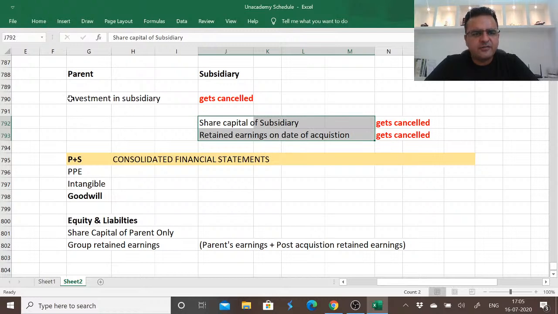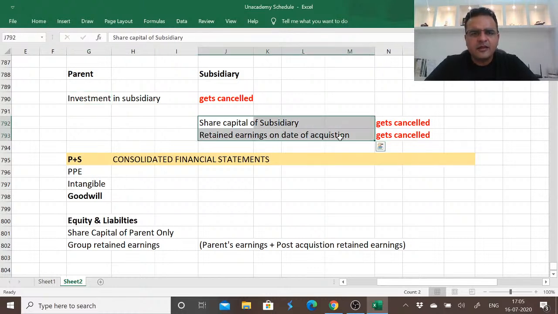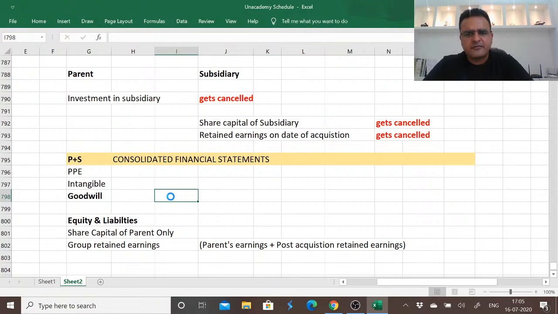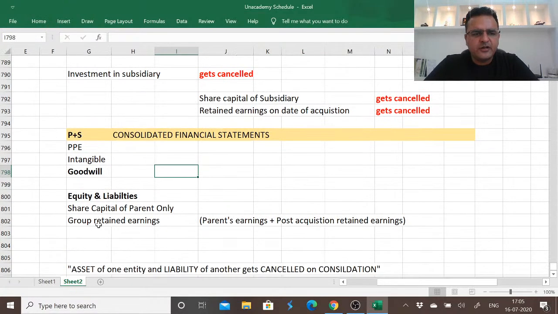When we made this investment in the subsidiary, whatever was existing on the date of acquisition, this investment in subsidiary gets cancelled with the share capital on the date of acquisition. Whatever amount is paid over and above the net assets is recognized in the form of goodwill. And in future, we only include post-acquisition amounts in group retained earnings.